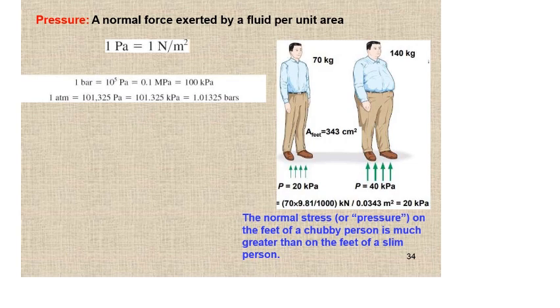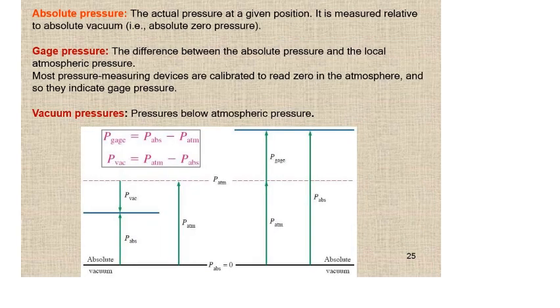What is pressure? We know that pressure is force per unit area, and here we have unit conversions of pressure, like if pressure is given in bar, how to convert it into Pascal, and if pressure is given in atm, how to convert it into Pascal. You should memorize them. Here we have four types of pressure.